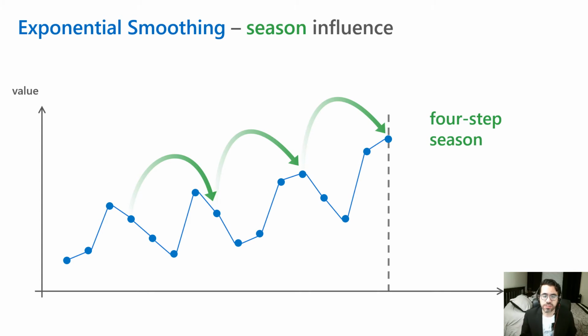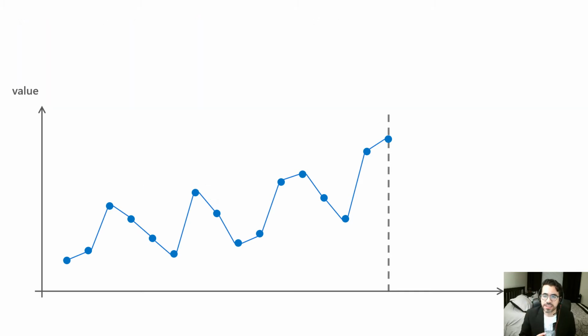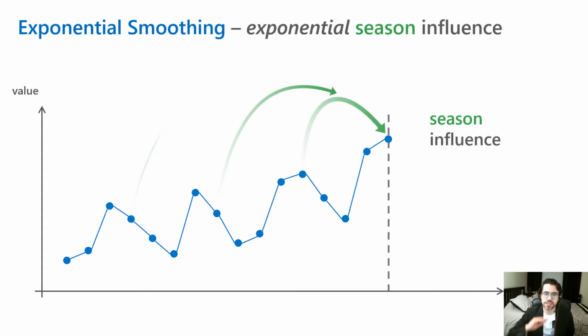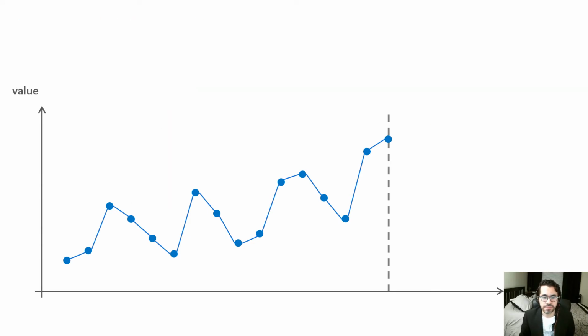Let's say that you know that you're looking at seasonal data. You may set every 3 months as a season, or you may have the tool evaluate it for you. And the influence of the time step is gathered by going back 4 time steps, and that information is carried forward. And in a similar way, you have this exponentially decreasing influence going forward every 4 time steps.